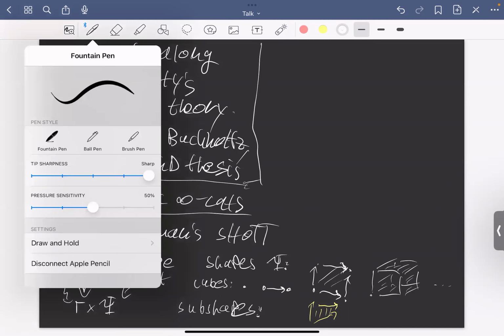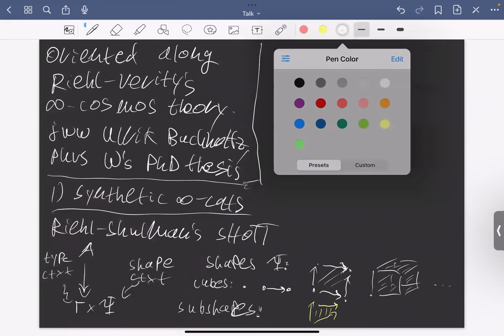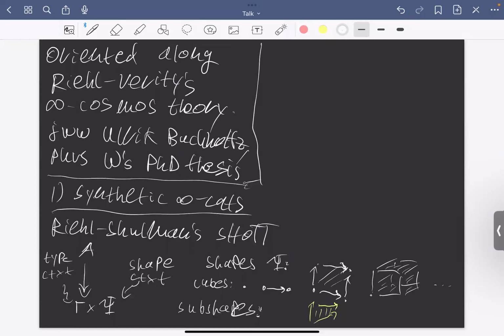So we can carve out the 2 simplex, for instance, or the tetrahedron. Maybe I don't want to draw that right now.